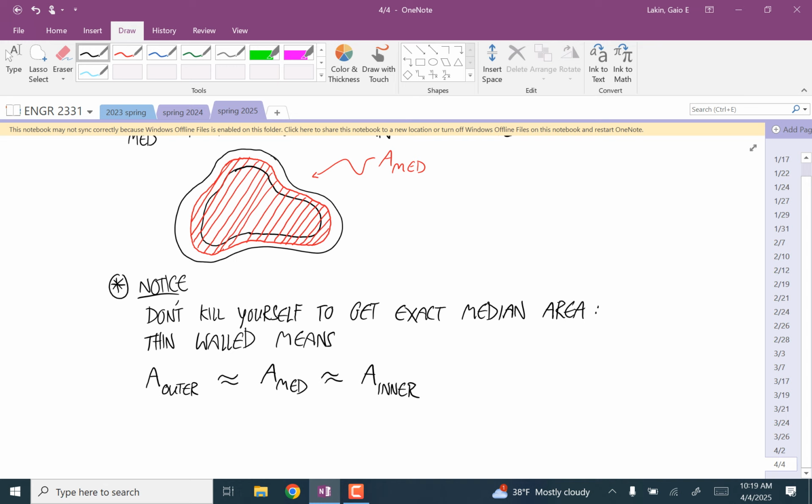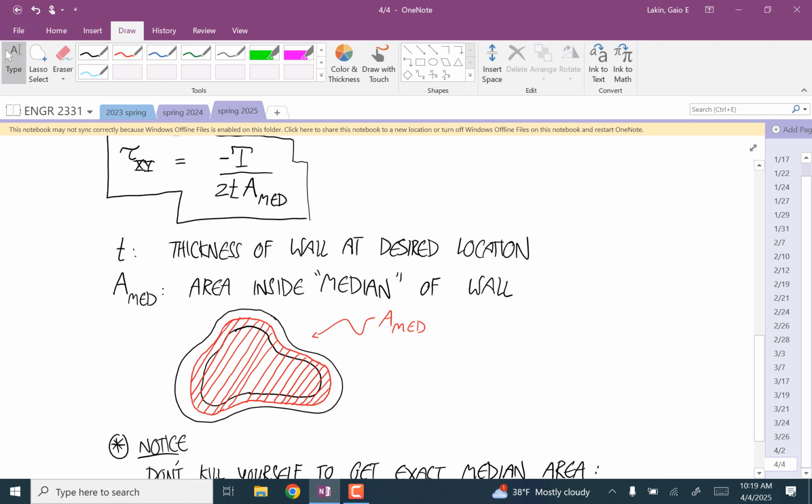It's hard to imagine what the physical meaning is. It's pretty common that you'd look at a simple formula like this and try to make sense out of the various parts. I just want to say that the area inside the median of the wall is totally a mathematical artifact of the derivation process.